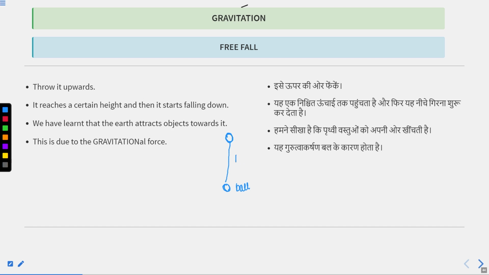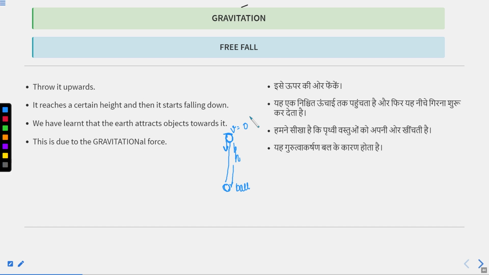And what will be that height? You will reach that height where velocity will become zero, and this object will change its direction and start falling towards Earth. So, at the maximum height, the velocity was zero, and the object started falling towards the Earth.